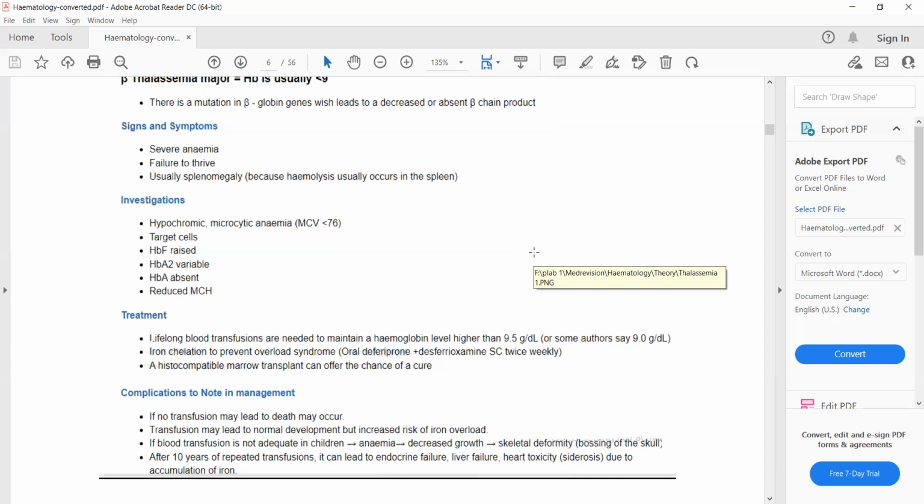Total iron binding capacity means the binding capacity of the transporter of the iron, that is transferrin. So if there is deficiency of iron, it means no iron is available for binding. So total iron binding capacity will increase if there is no iron or if there is deficient iron.